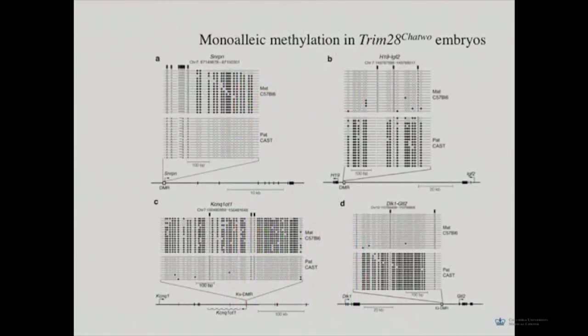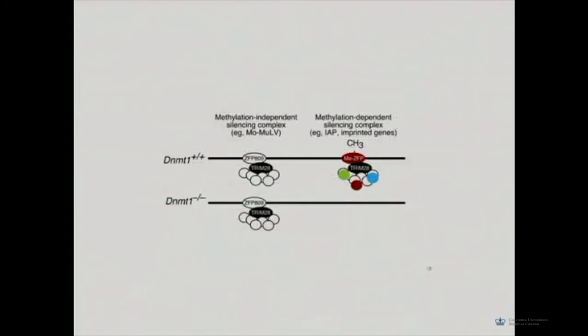And here's some bisulfite sequencing data where you can see that whereas expression was biallelic, methylation remains monoallelic. So here only the maternal allele of SNRPN is methylated. The paternal allele is completely unmethylated, but both these genes are expressed, as I showed on the previous slide. So now we've identified the factor that's required for the silencing of methylated promoters.